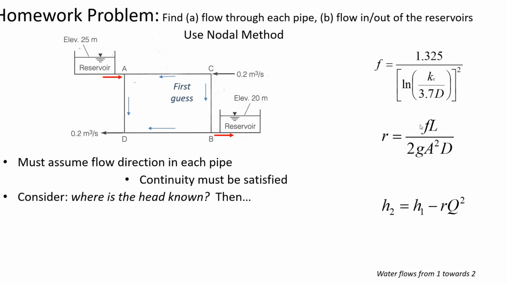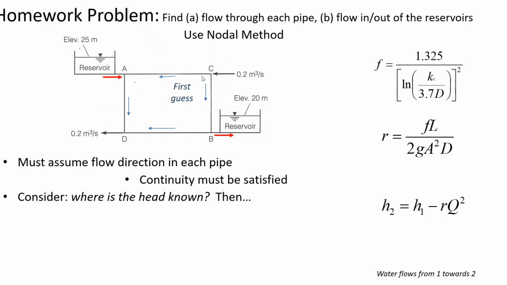All right, so we know from this a relationship of Q_AC in terms of Q_BC. You know, R is going to be some value that you can calculate for both AC and BC. And then the other thing we know about this junction here at C is continuity. We know that Q_BC plus Q_AC is equal to 0.2 cubic meters per second. So we've got two equations and two unknowns, which means we can solve for either Q_AC or Q_BC and then substitute it into this and find the other one.